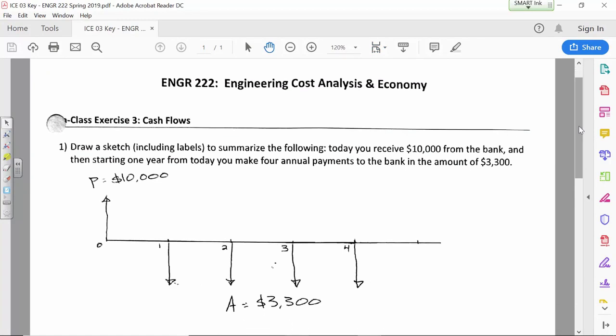Okay, let's take a quick look at number 1 and see if we're all doing the same thing here.